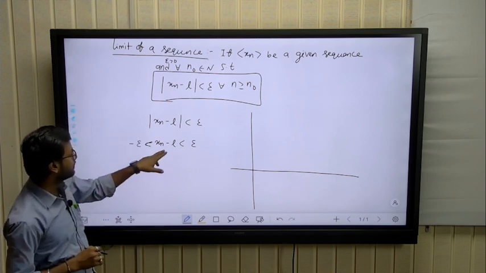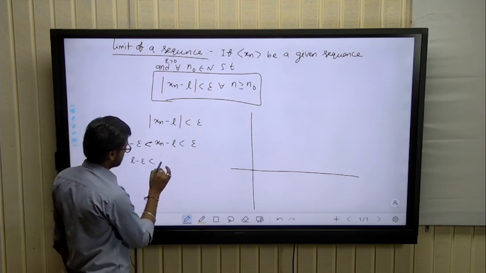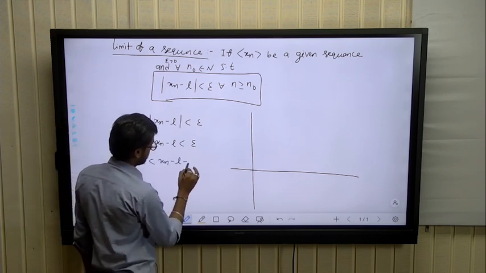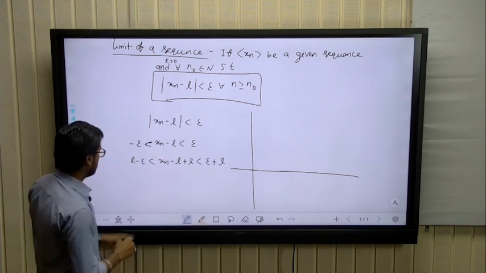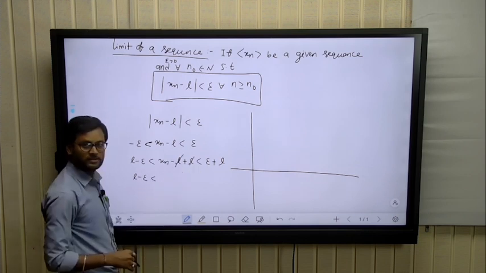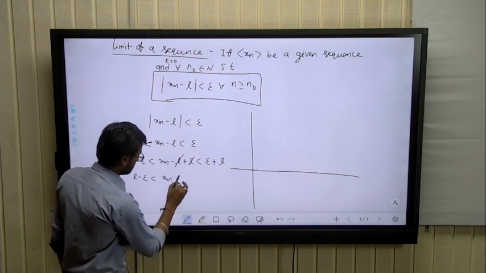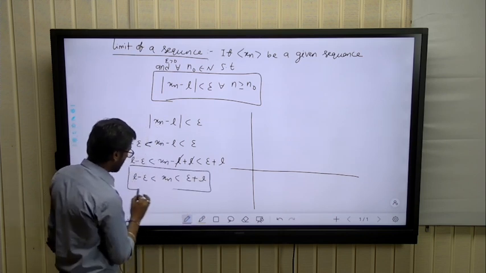Now we add L in all three terms. So -epsilon + L < xn - L + L < epsilon + L. Now the minus L cancels out the plus L. So xn is less than epsilon plus L. So this is the value of xn.